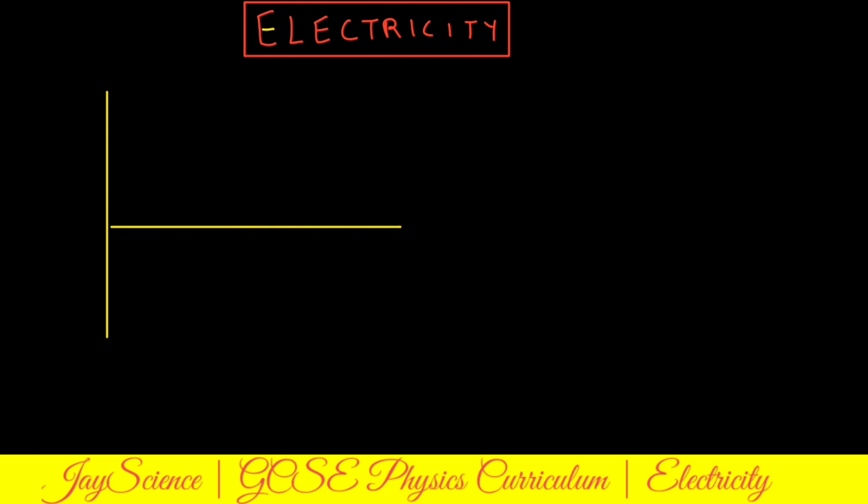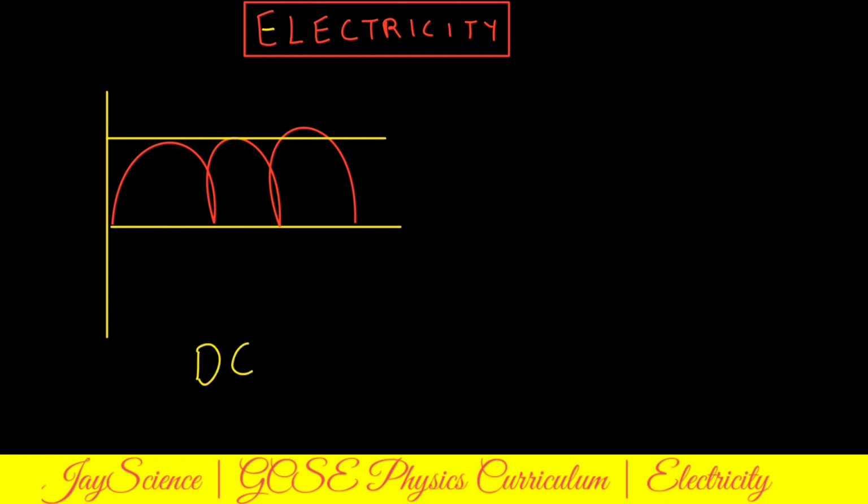For the wave of a direct current, you have something that looks like this. Yeah, something close. And that's for DC. A typical example of components that use direct current, you have batteries.